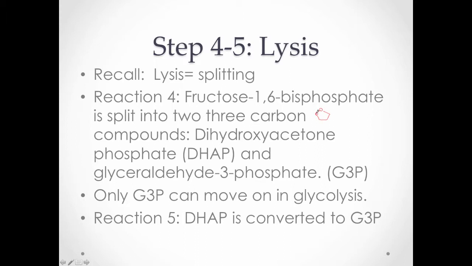So we've got a carbon here, a carbon here, a carbon here, a carbon here, a carbon here, a carbon here, and a phosphate group over here, and a phosphate group over here.